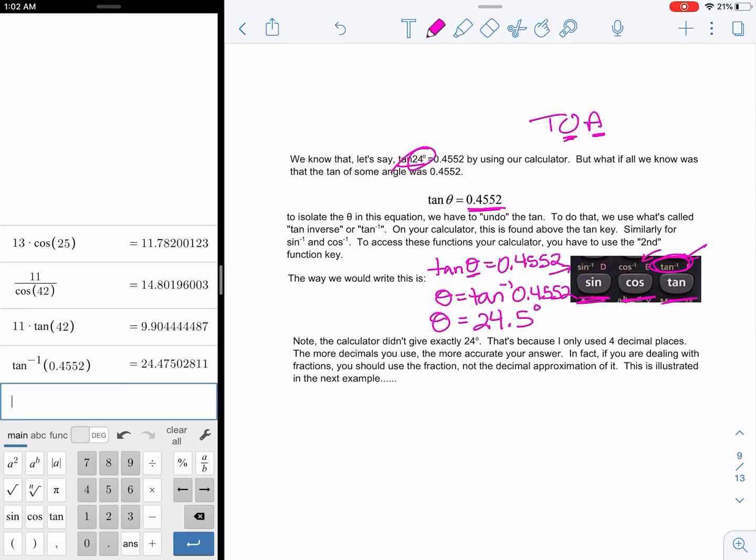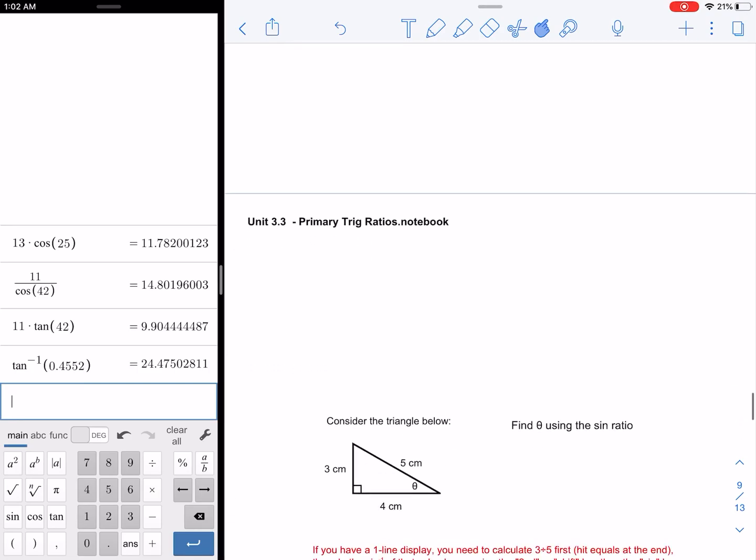So this is why, when we're doing a question, if our ratio is already set up as a fraction, we leave it as a fraction because we want it to be as accurate as it can be. You don't want to turn that fraction into a decimal approximation, or you're not going to get as accurate an answer. This is going to be illustrated in the next example. So let me move to the next example here.